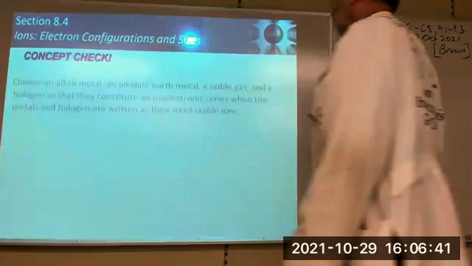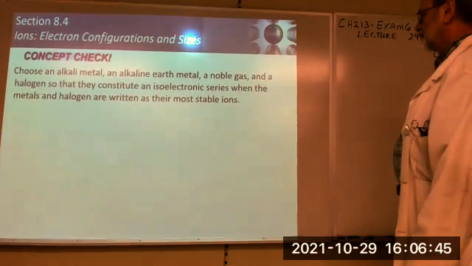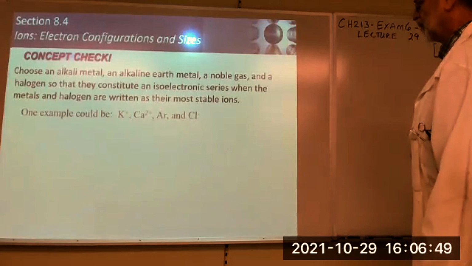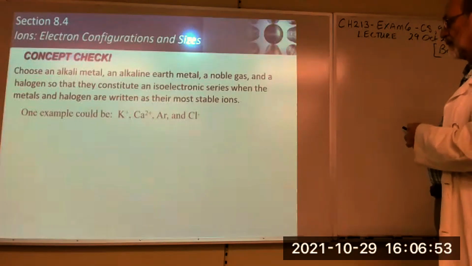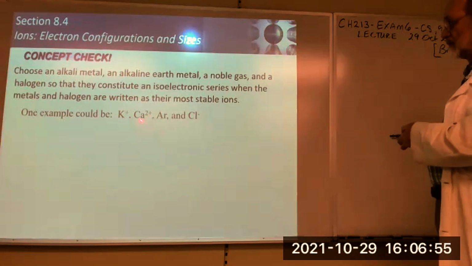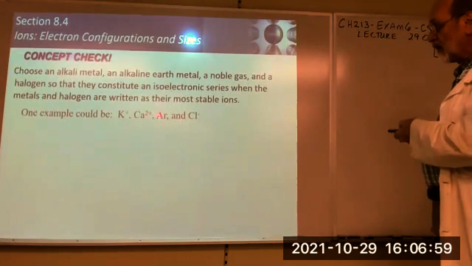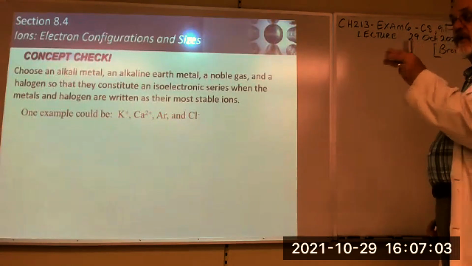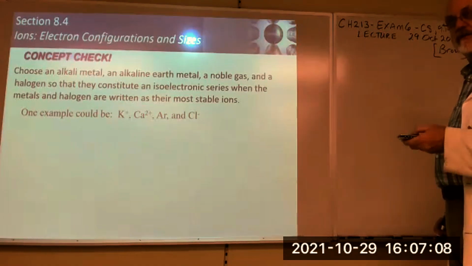All right, we don't have time to do this. Just one example. Actually, it's easy to do. If you've got a noble gas in there that you're saying they're all equal to, all you have to do is say what group it is, form the ion, and it's equal to the noble gas. Right?